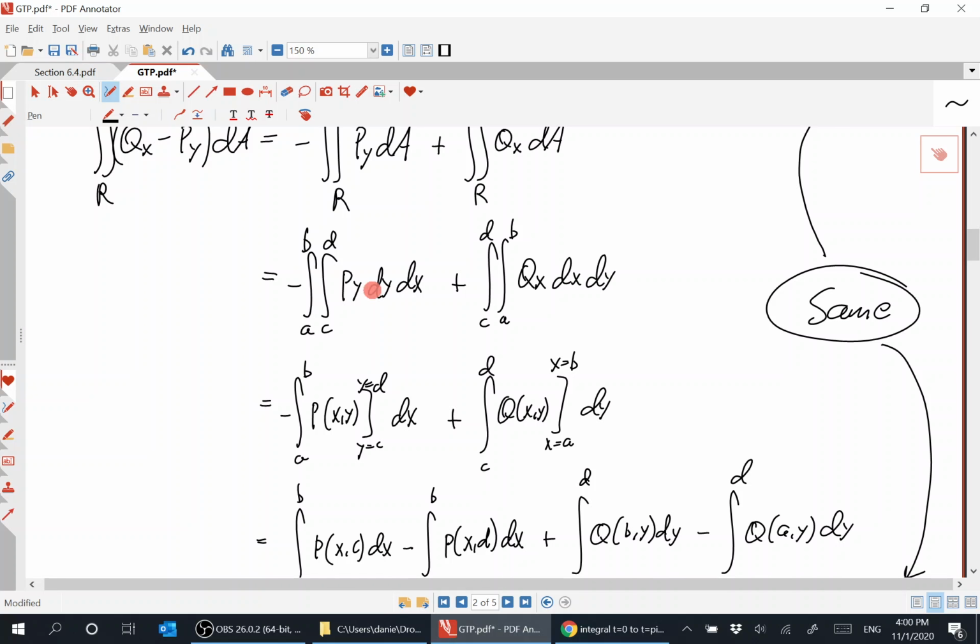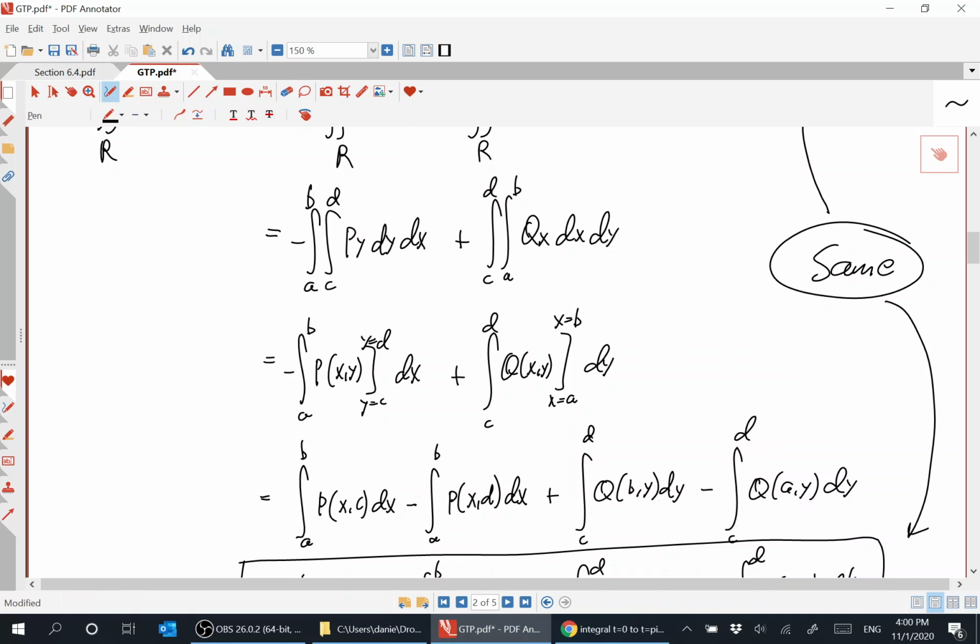So I do the dy. The antiderivative of p_y with respect to y is p. So it's minus the integral from a to b of p from y equals c to y equals d, plus the integral from c to d of the antiderivative of q_x with respect to x, which is just q, from x equals a to x equals b.